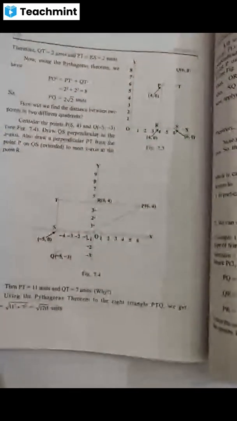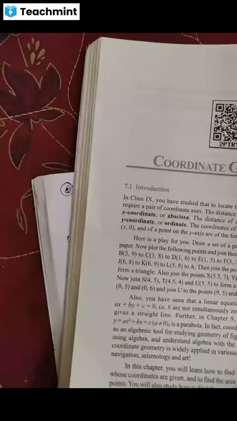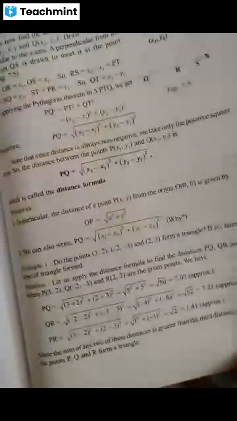Wait, dear students, I had a call. Where is section 7.2?